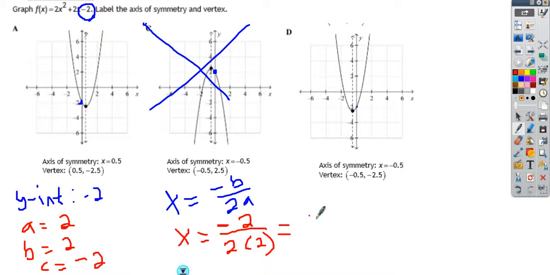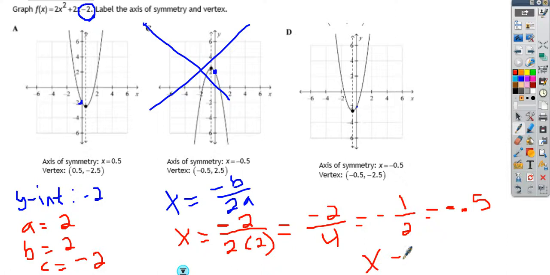So we do -2 over 4, which reduces to -1/2 or -0.5. So then we take a look. Which one of these equations goes through x equals -0.5 or -1/2?